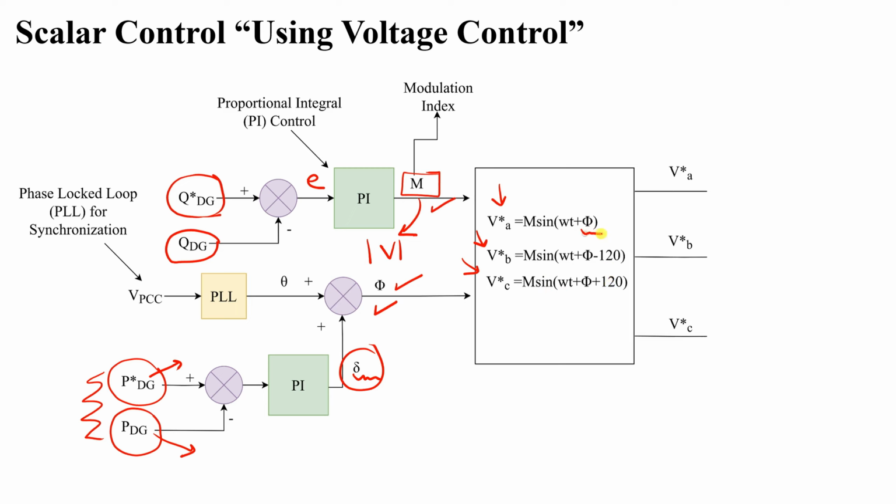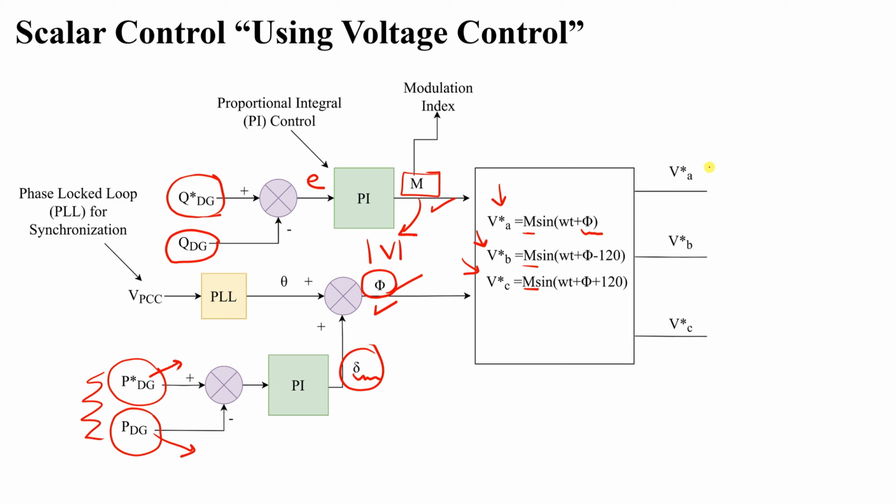The phase angle of A, B and C is phi, which is given from here, and the amplitude of ABC is the modulation index itself, which is dependent on the output of the PI controller, which depends on the error between the actual Q and the reference Q. Then we will have these three voltages, which we will need to control.